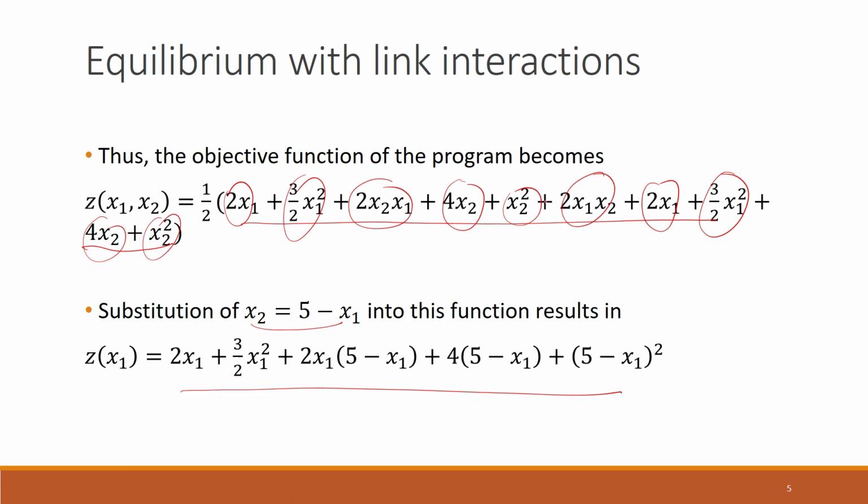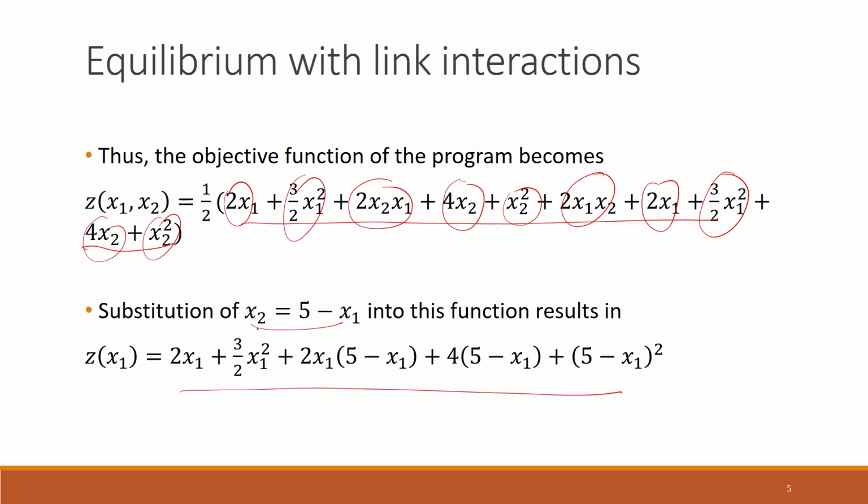So when you add all of these, and there is a half outside, you will get 2x1 plus 3 by 2 x1 square plus 2x2 x1 plus 4x2 plus x2 square.